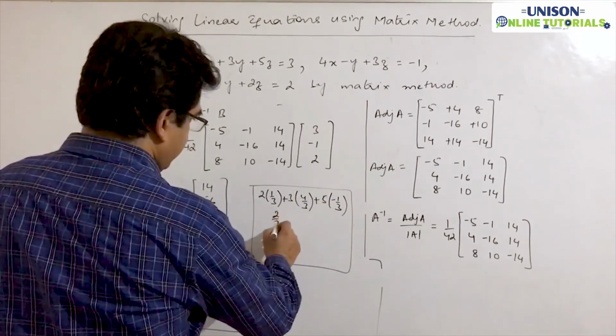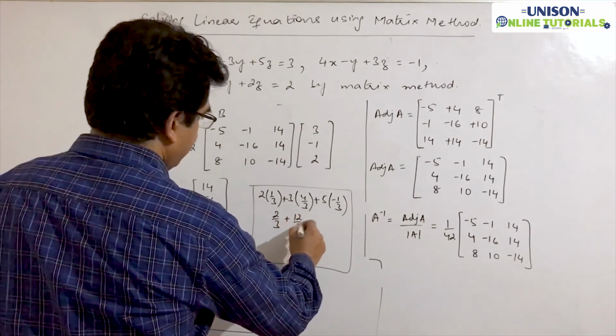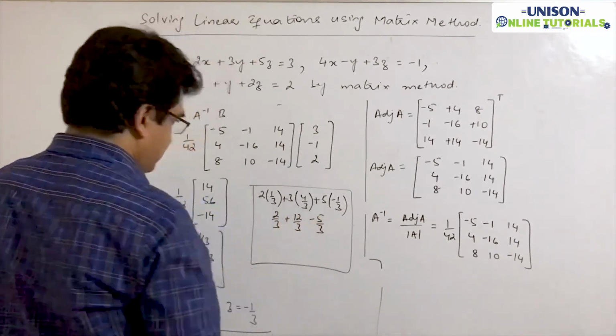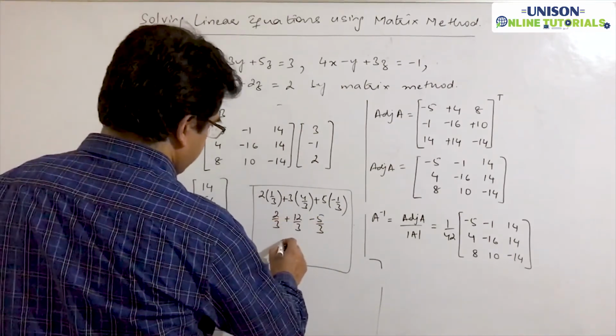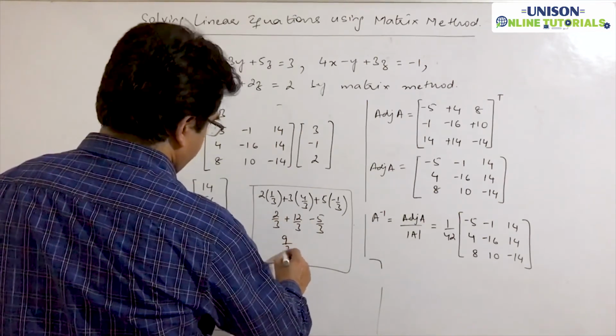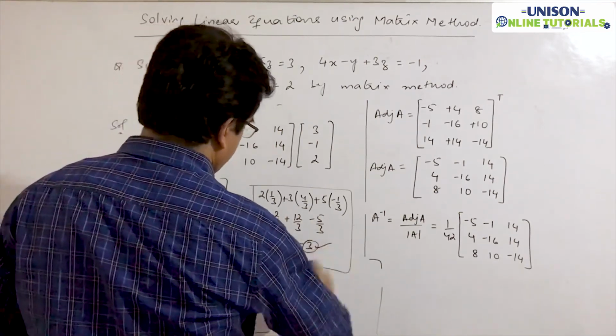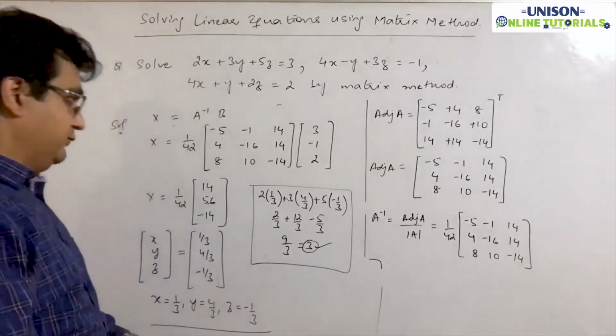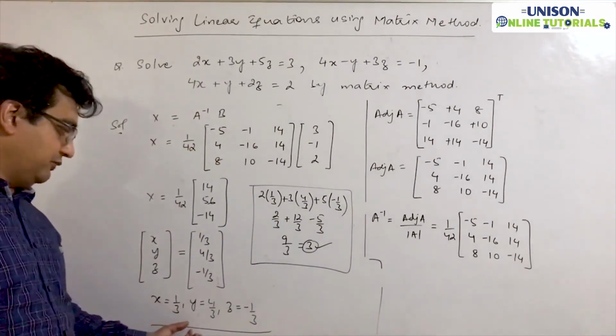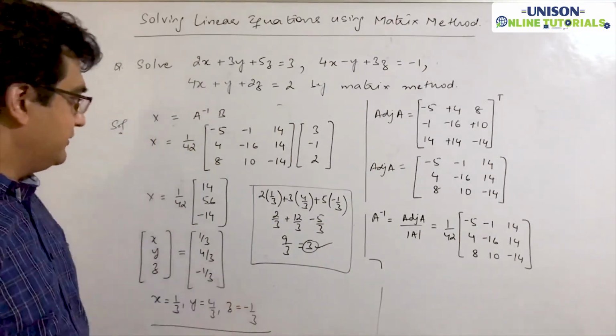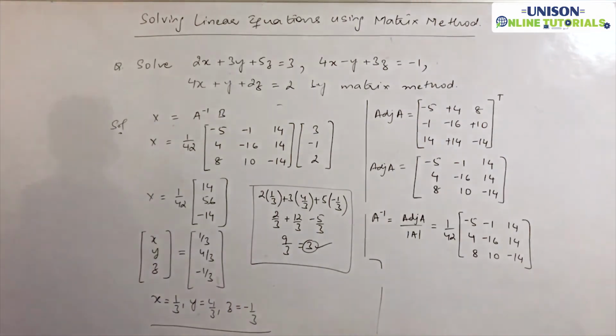So it is 2 by 3 plus 12 by 3 minus 5 by 3. So it is 14 minus 5, 9 by 3, which is equal to 3. So the answer is correct. So therefore we get the solution x 1 by 3, y 4 by 3, and z minus 1 by 3.